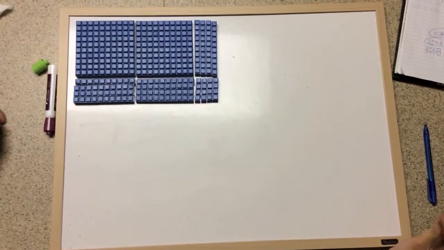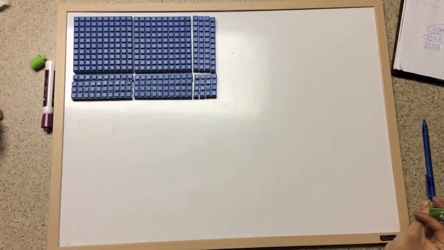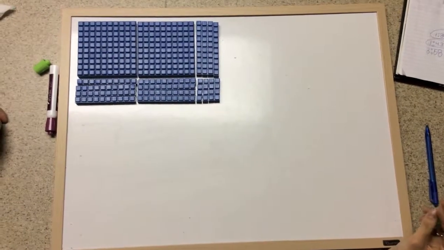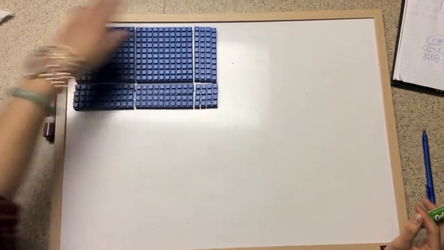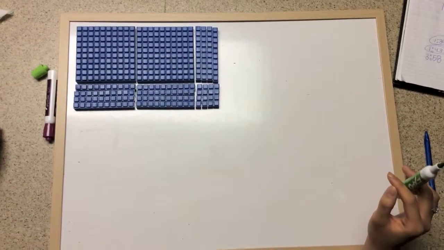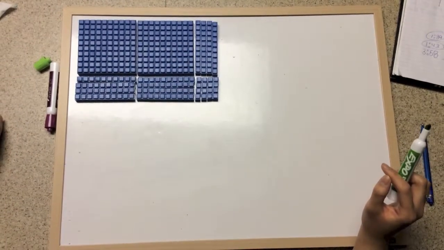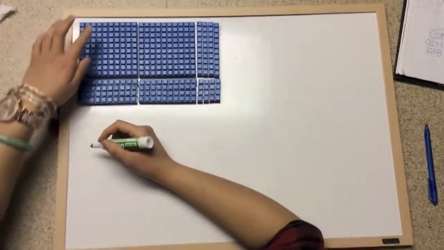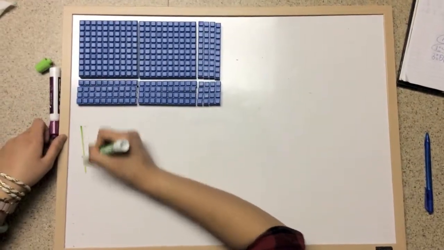I will now show the pictorial representation of my array along with a symbolic representation at the same time. I left the concrete representation on the board to show that I've made no changes throughout the concrete, pictorial, and symbolic modes. And so I'm going to draw out the two 100 flats at the top.